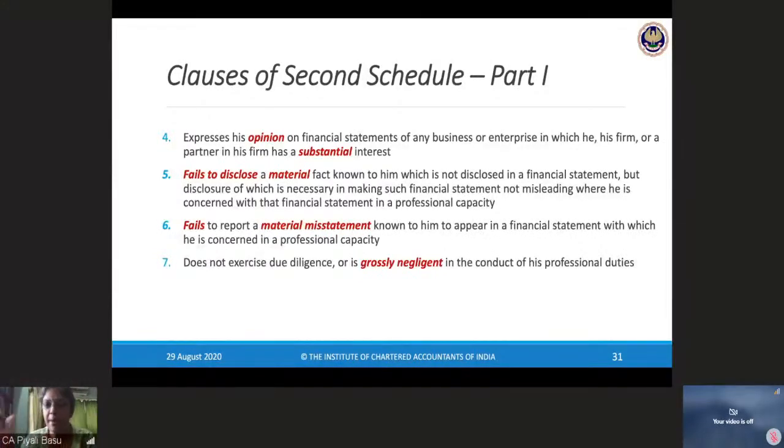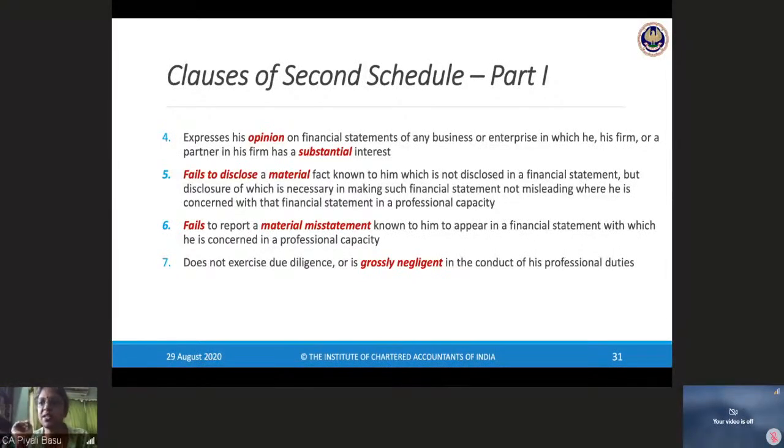Confusing? I am making it simple by dissecting it. First, a member in practice did not disclose certain information which are of material nature or value or can have a material impact, which is known to him during the course of his audit.